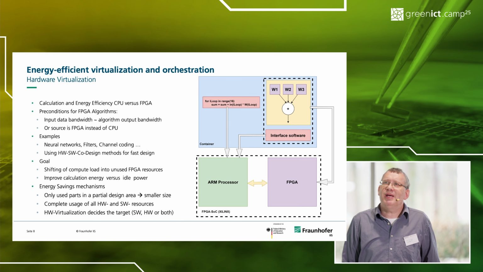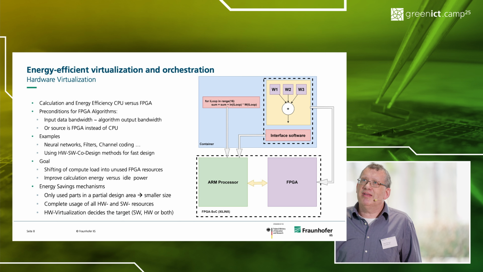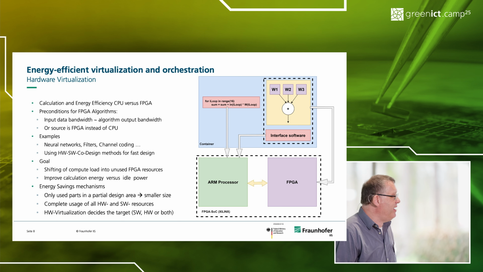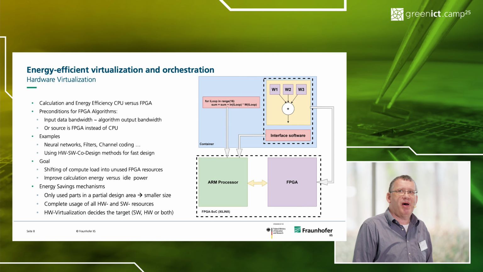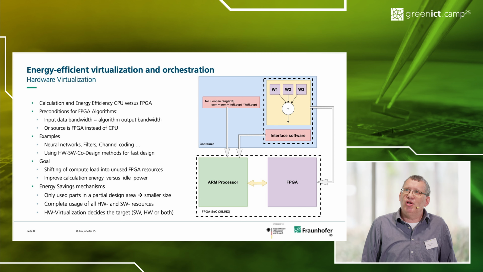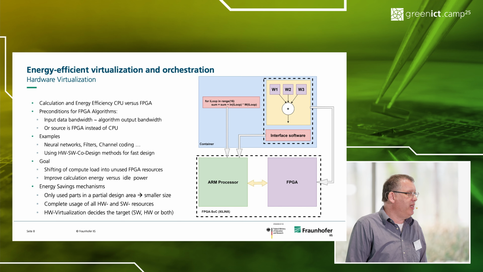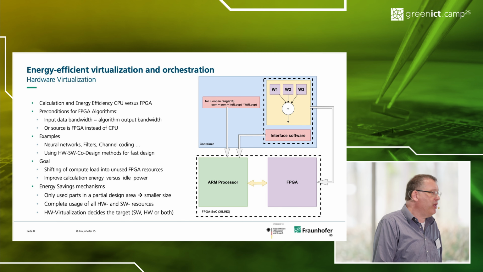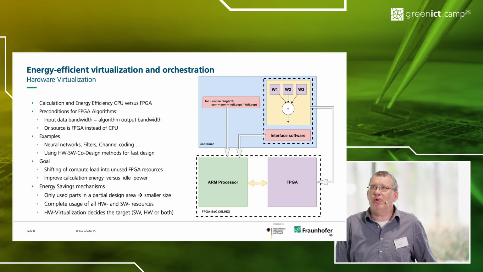Another interesting orchestration we have analyzed is that if you use FPGAs, so programmable hardware parts on your system, then you have the possibility to realize your functionality as a software component or as a hardware component.